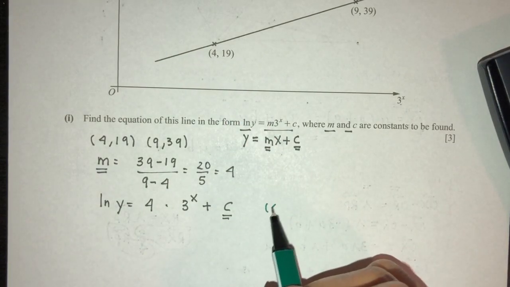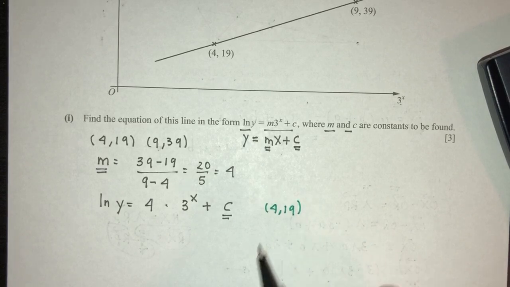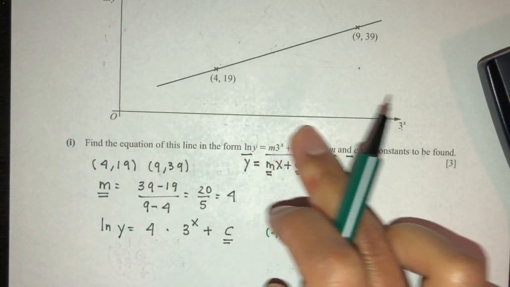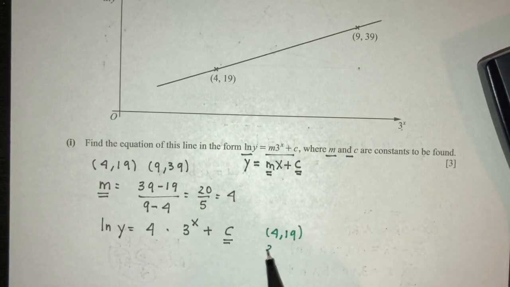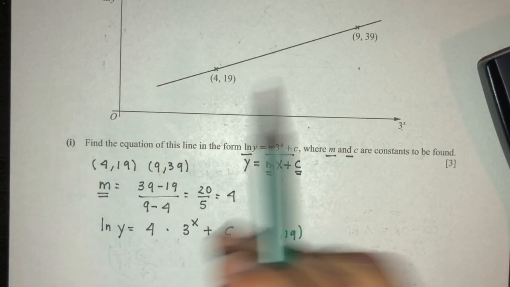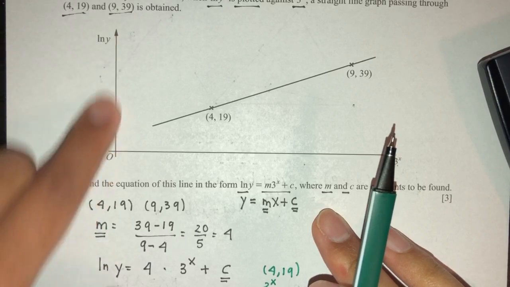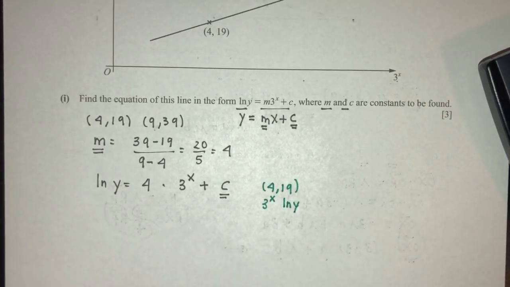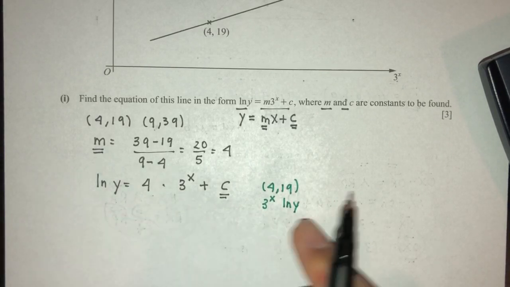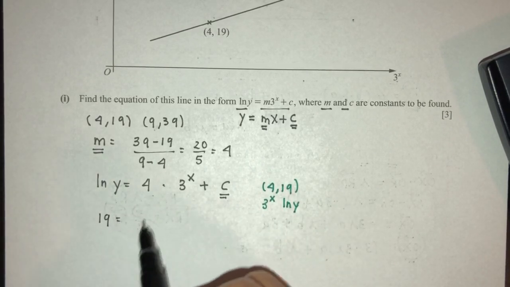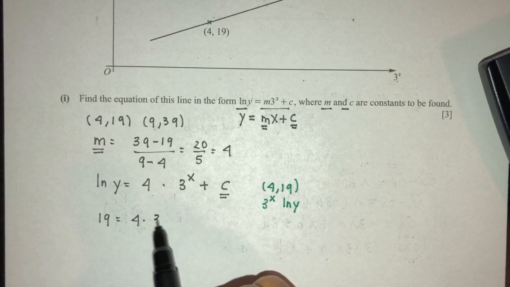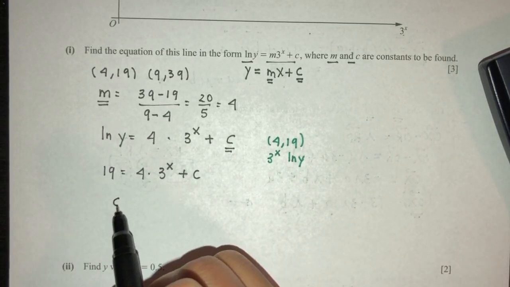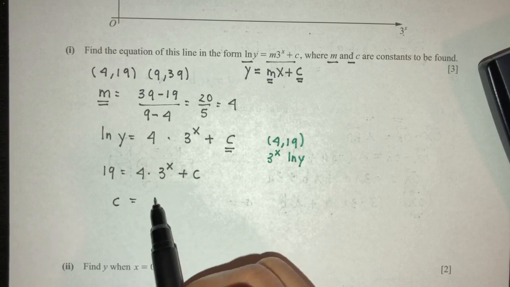We use (4, 19). This value is my x-axis value, which is 3^x, and this is my y-axis, which is my ln y. Replace back in the equation, you will have 19 equal to 4 times 4 plus c.